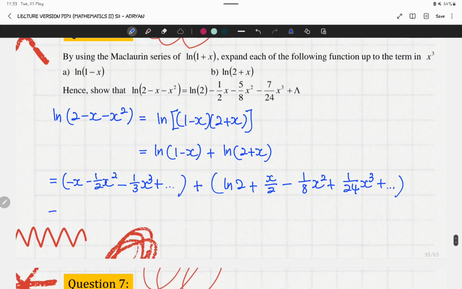Now simplifying this, you will get ln 2 minus 1 over 2x minus 5 over 8x squared minus 7 over 24x cubed plus dot dot dot.